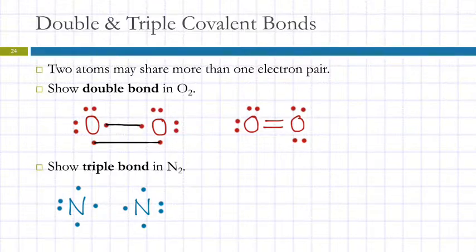Now, this will help you when we're doing Lewis structures that are more complicated. If you look at the Lewis structure for the element and count the number of unpaired electrons, that's the number of bonds that atom, that element, is probably going to make. We saw here for oxygen that it had 2 unpaired electrons.